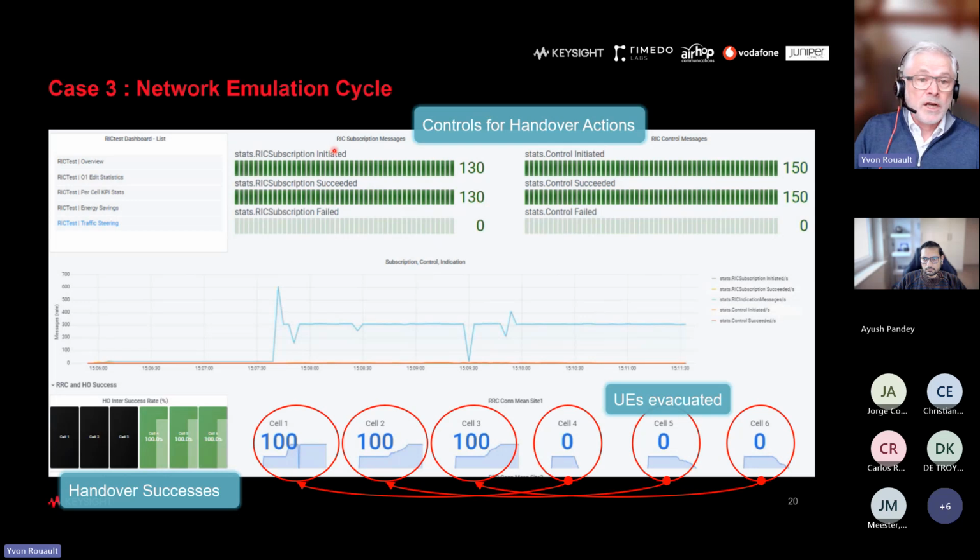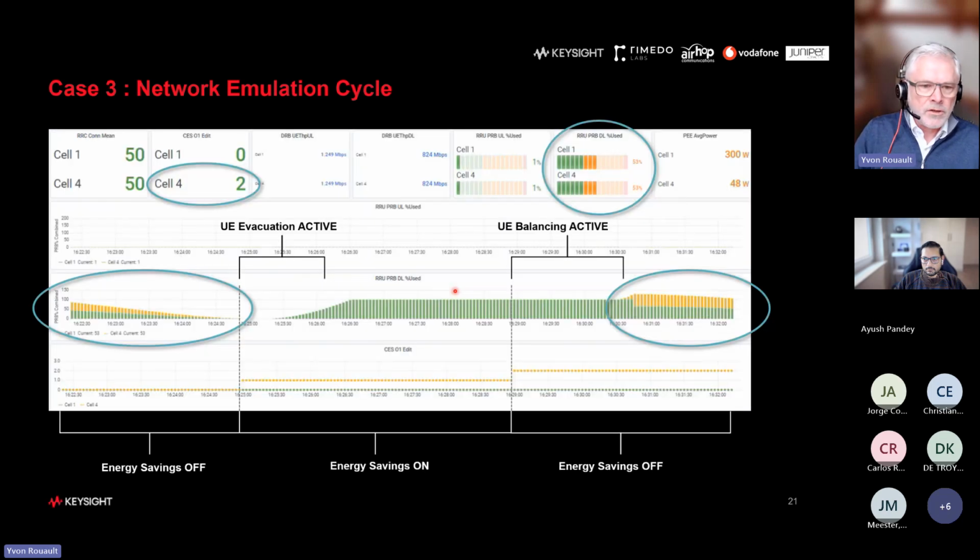And at the same time, we continue to measure all the KPIs of the network, and we measure the energy, we measure this kind of thing. And because we know how much the different cells are consuming, that's part of the model that we can configure, we know how much energy we save. Okay, and this is how we could demonstrate the 25% saving.